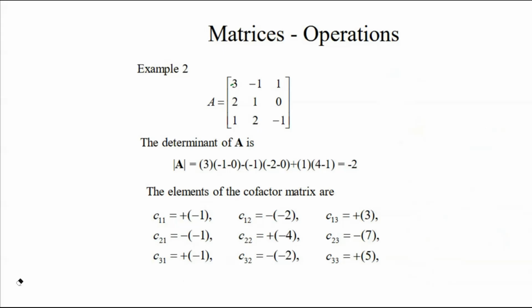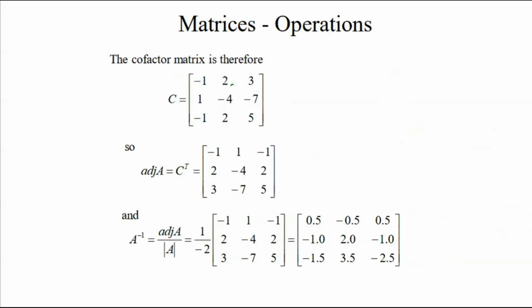You simply transpose it to get the adjoint matrix. So notice here, you take this row, you put it here, you take this row, you put it here, you take this row, you put it here. And that's your adjoint.